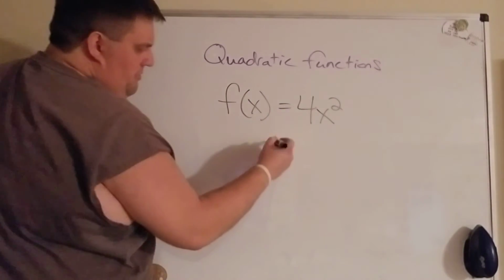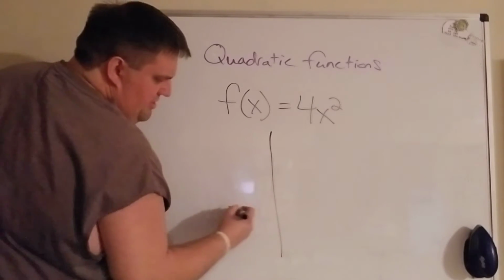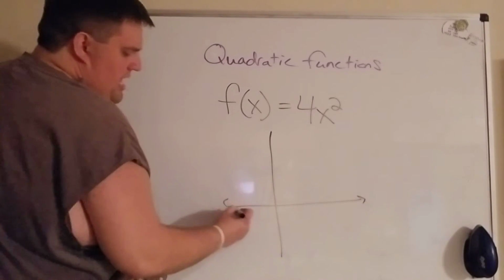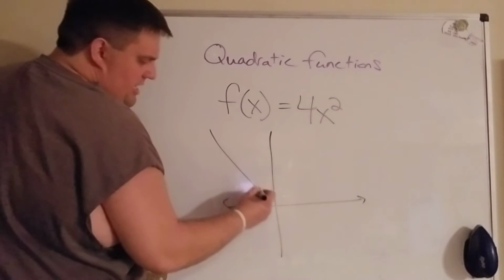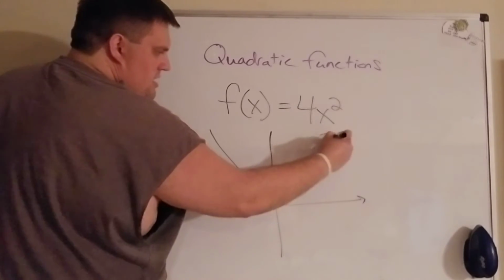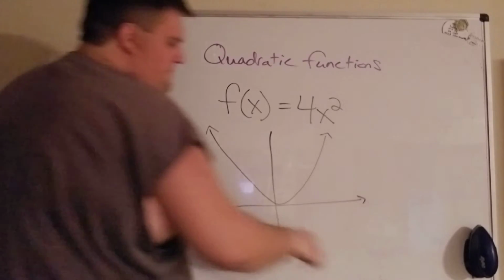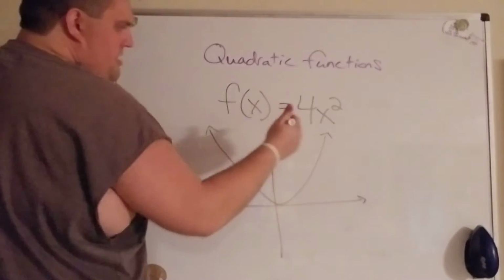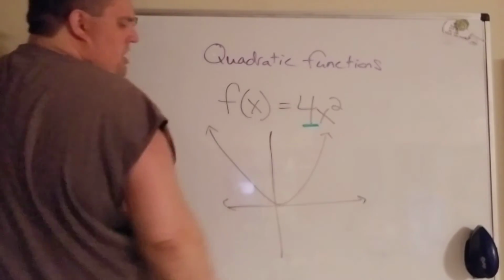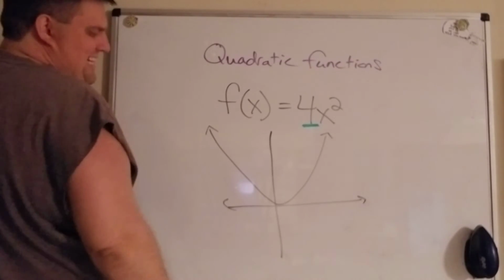So for example, I'll give you a nice little visual here. If my parent function looks like this, putting a 4 out in front here means that we're going to go even more rapidly.